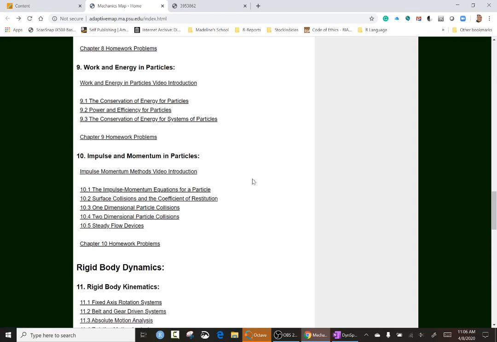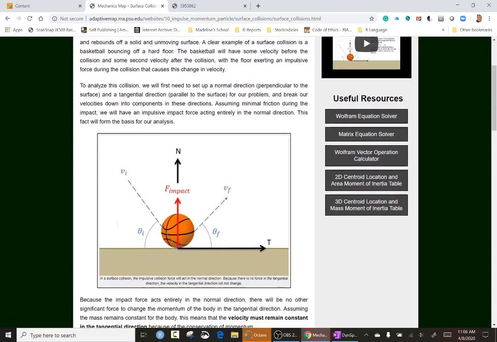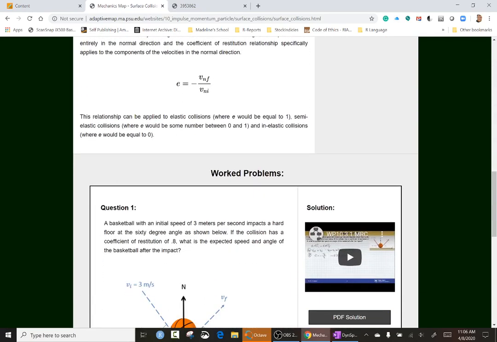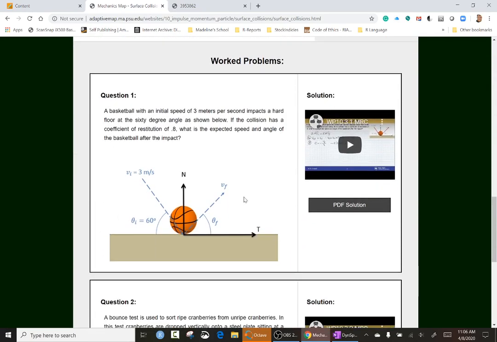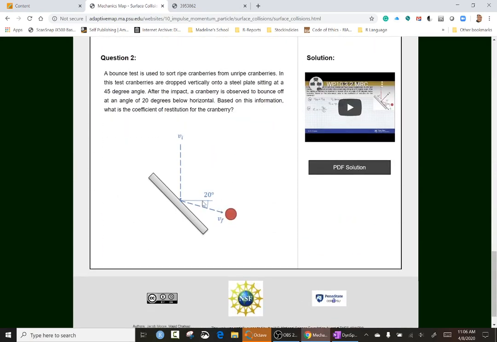Okay, I lost track. Okay, coefficient of restitution. I would say watch this one definitely. And here's a problem similar to the one you have. Here's a problem almost exactly like the one you have.